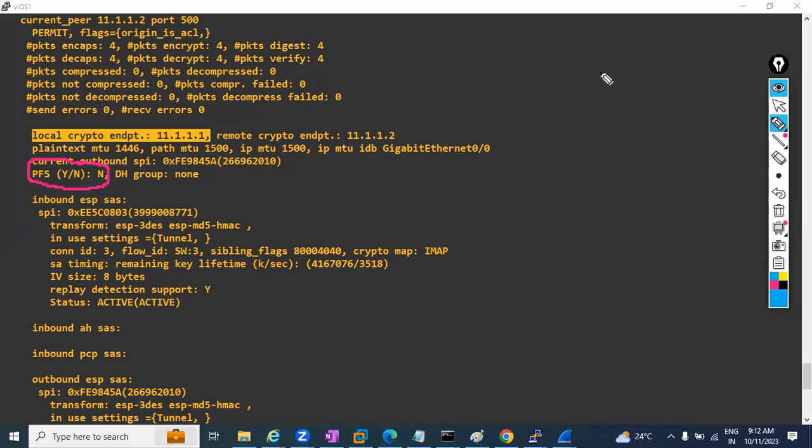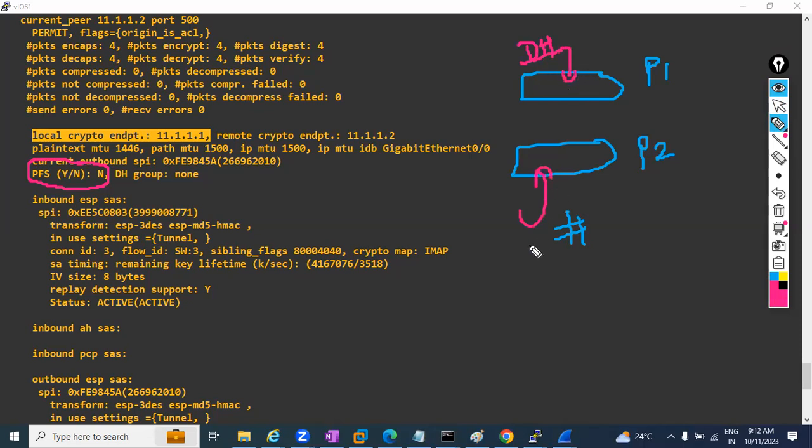In phase 1 and phase 2, guys, tell me in which phase do we exchange Diffie-Hellman? In which phase does exactly the Diffie-Hellman happen? Phase 1 or phase 2? Phase 1, sir. Phase 1. By default Diffie-Hellman will be there in phase 1.